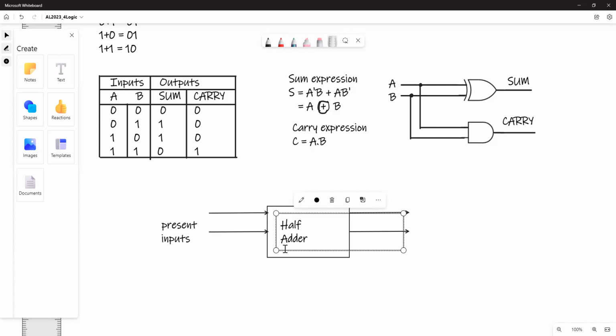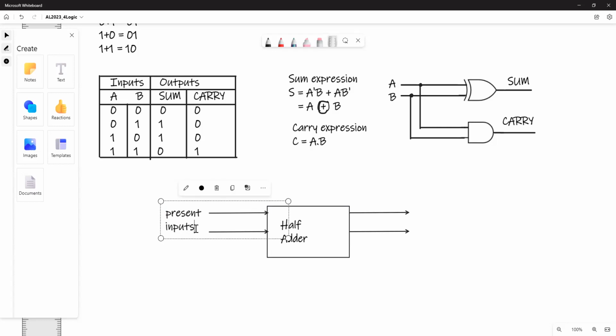The inputs are the 2 bits, A and B. So those are the 2 inputs we had.